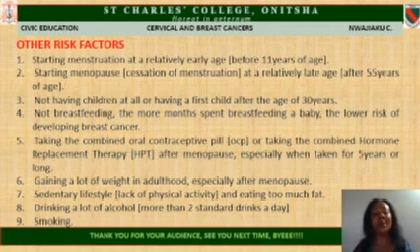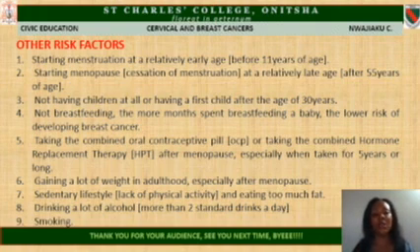Number 2, starting menopause, cessation of menstruation, at a relatively late age, at 55 years of age. Sometimes some people may like to keep taking injections or drugs that can prolong their menstrual cycle, thereby getting into menopause at a relatively late age. It is also exposing them to the risk of getting cancer.